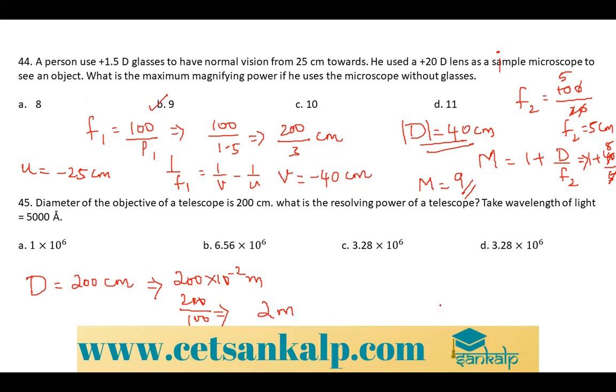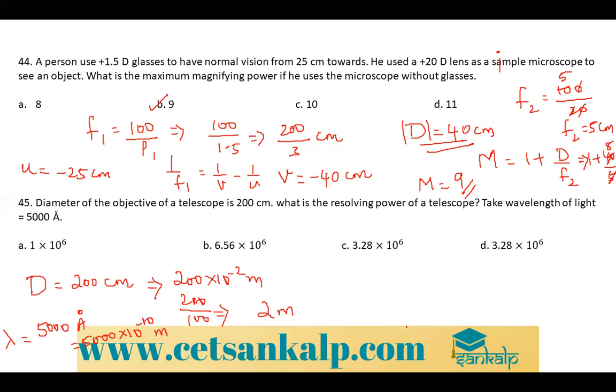The diameter is 2 meter. The other thing given is lambda. It is 5000 Angstrom, which can be written as 5000 into 10 to the power minus 10 meter.